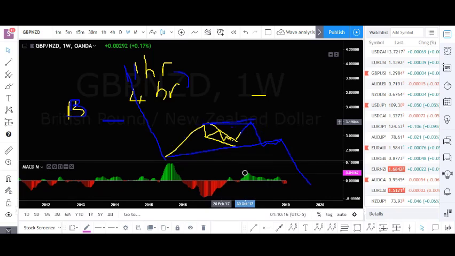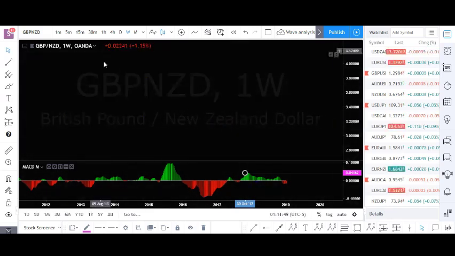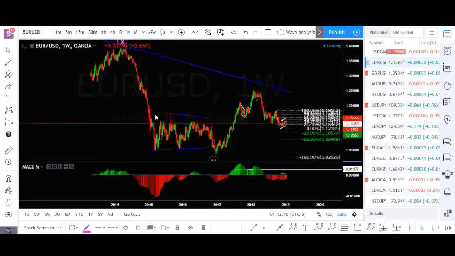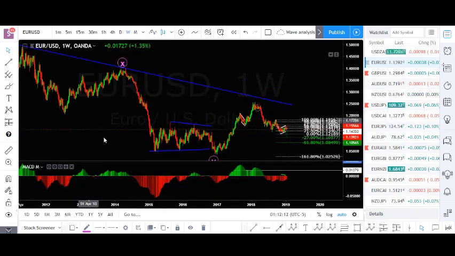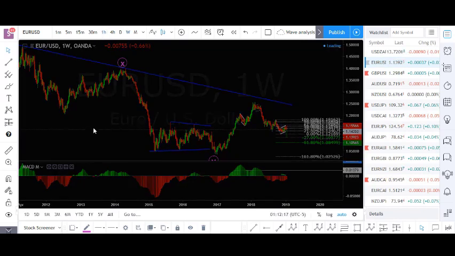So let's say you complete this 4 hour correction, and now you get a reversal, and now maybe on the 1 hour you can take this breakout down impulse. So it's pretty simple, guys. Let's go into the charts and show you how you will go about it. So, okay, let's go to 1 hour.